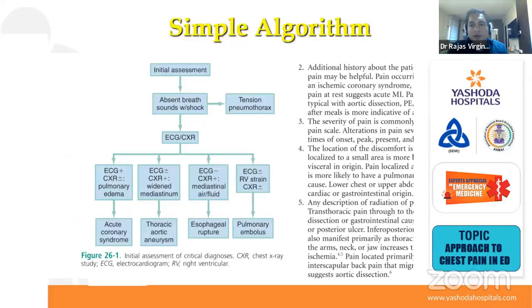A very simple algorithm can be just doing an assessment, and on your ABCD assessment, you can decide whether the patient will need an emergent procedure, for example a needle thoracostomy in a case of tension pneumothorax, or you can proceed towards some diagnostic tests and come towards these diagnoses, which are critical diagnoses.